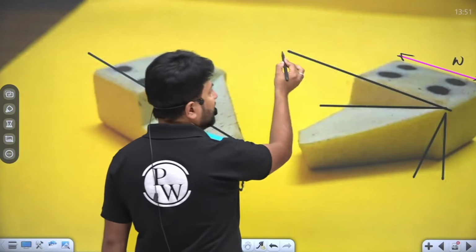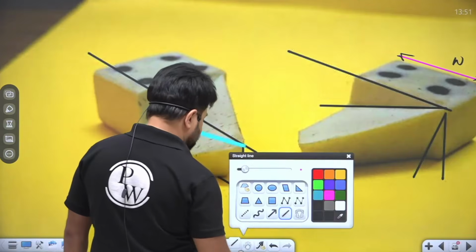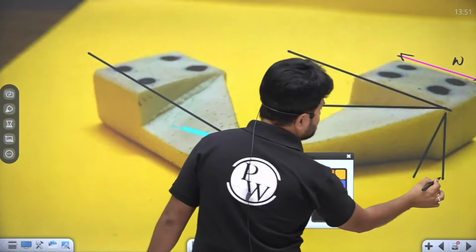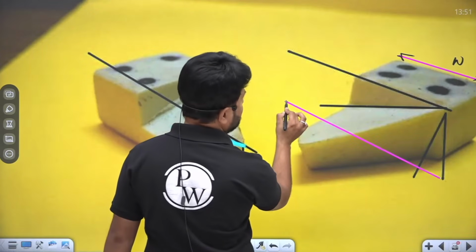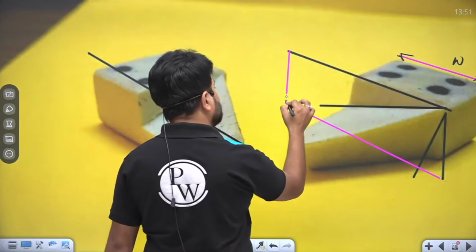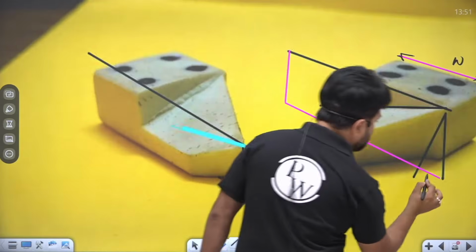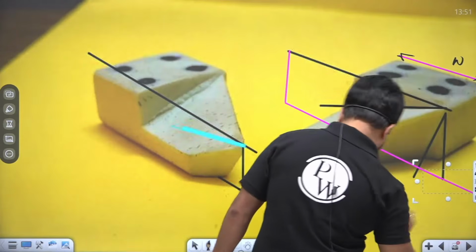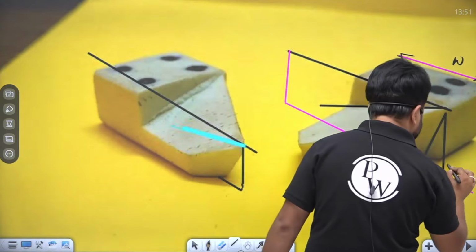Here, let's see, this is a plane which is parallel to the width of the tool and perpendicular to the base of the tool.